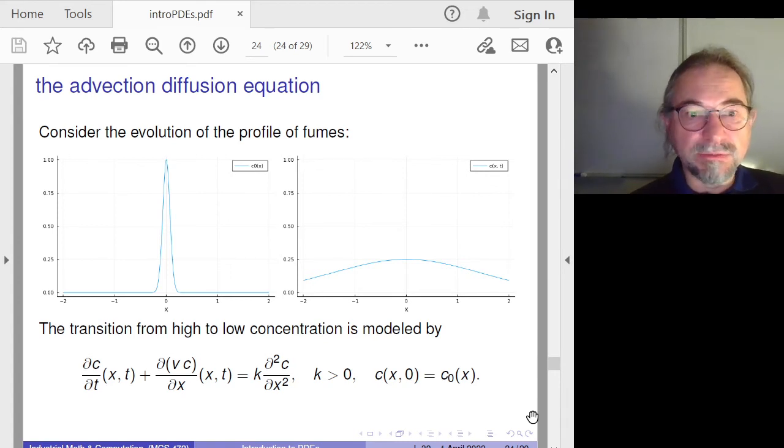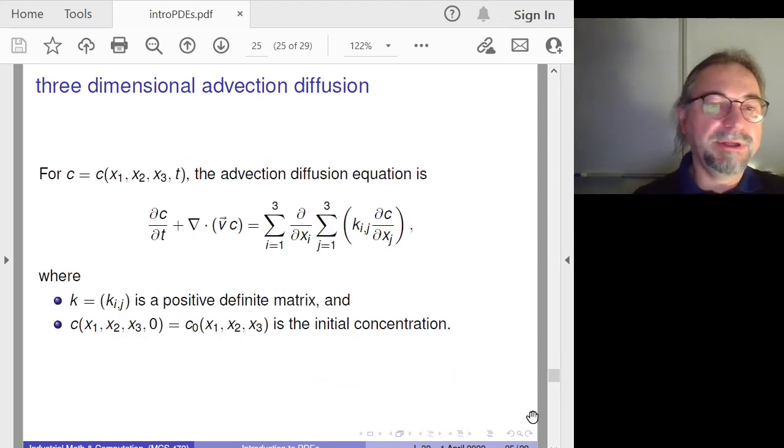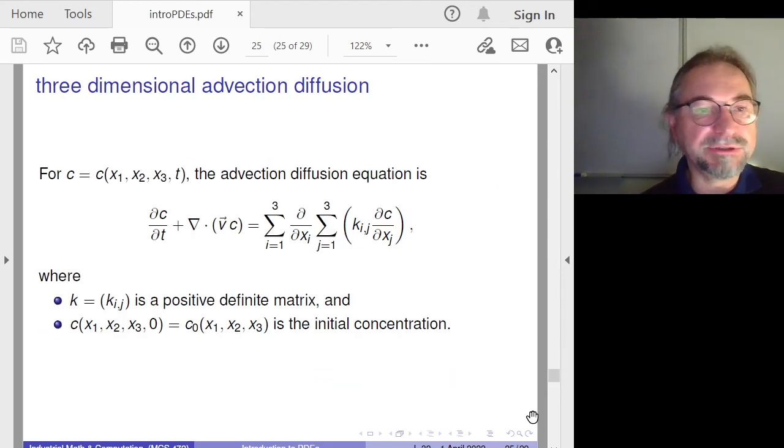Okay, so that is the one-dimensional model. It might be fine for a first approximation, but the model can be quickly generalized to the three-dimensional model, which involves a function in four variables for the concentration.